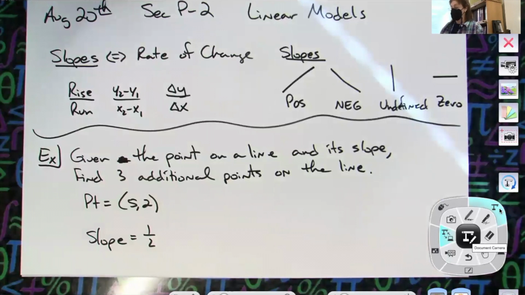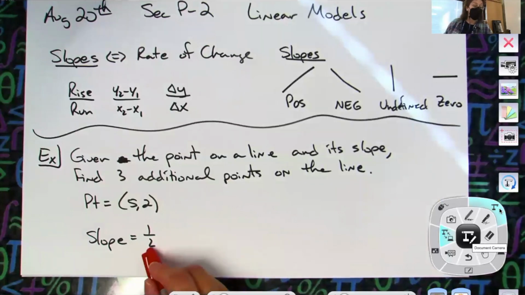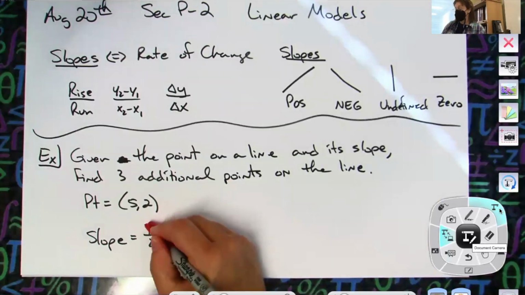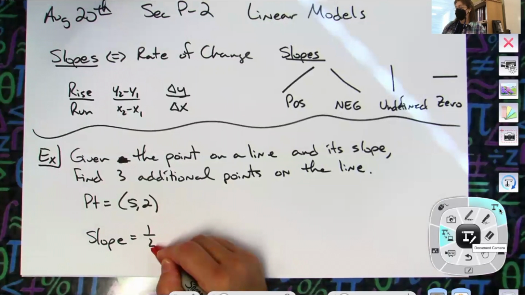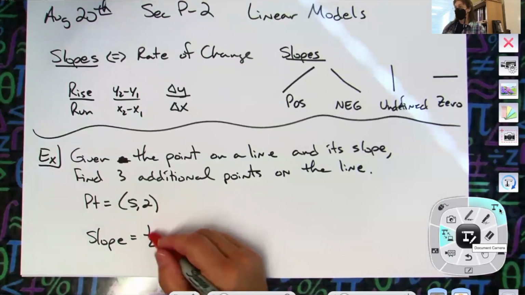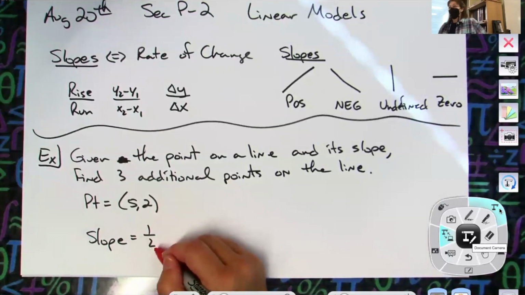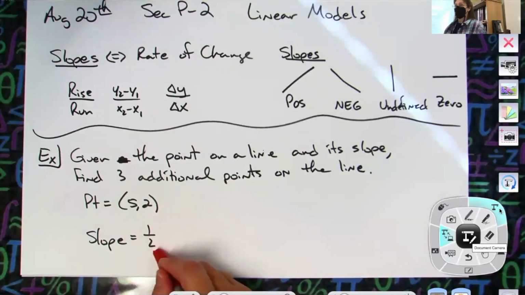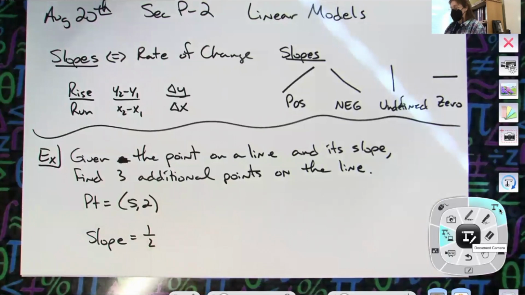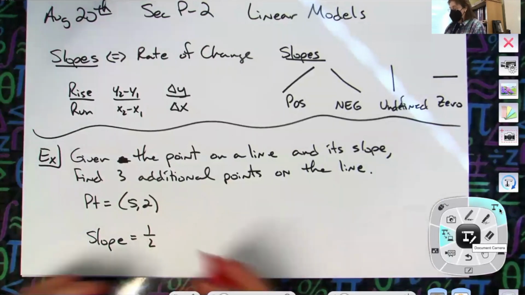Because we know what the change in the y is right here, we know what the change in the x is right here. So if we know how y changes and we know how x changes, then we can do this. How many possible answers are there? Yeah, there's infinitely many possible points.